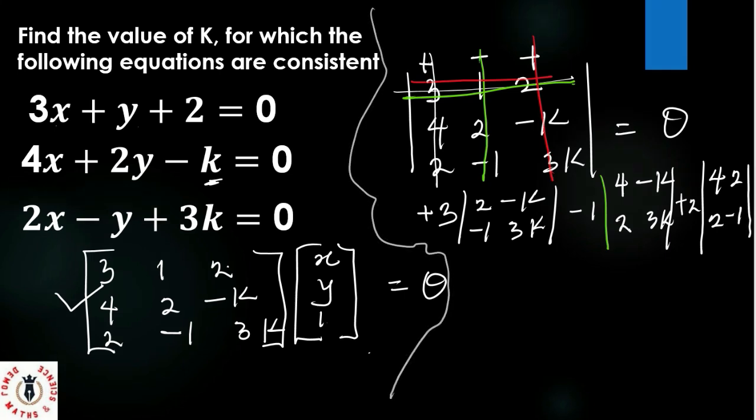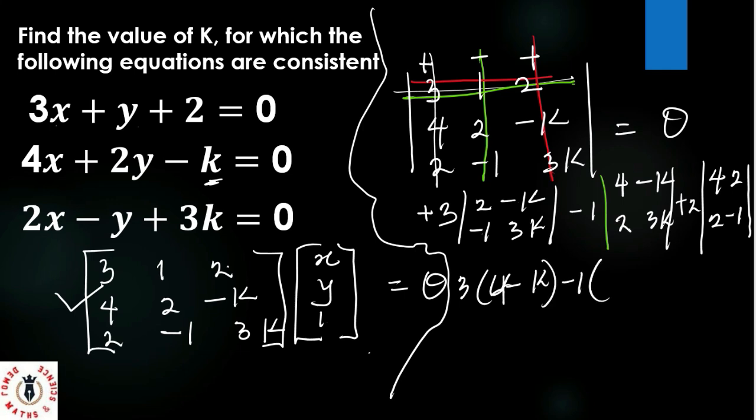Now we can evaluate the determinant. So that will be 3 into 2 times 3, that's 6k, minus times minus here becomes plus, that's minus k, or this 6k itself, 6k minus k.